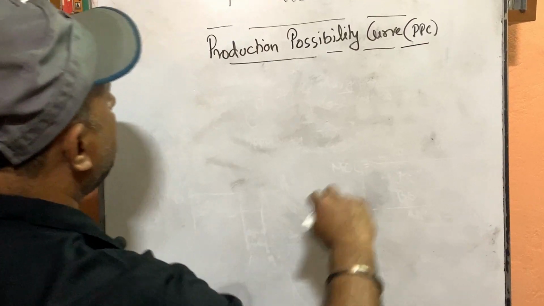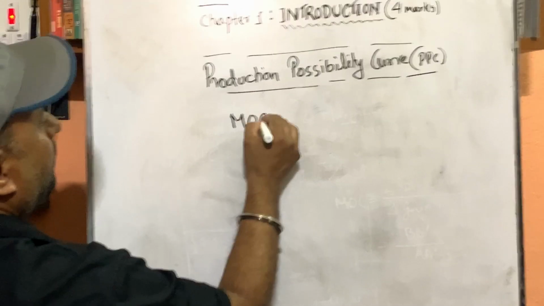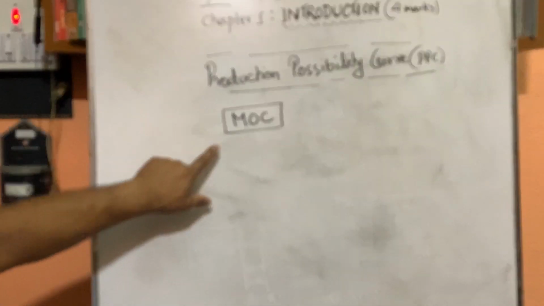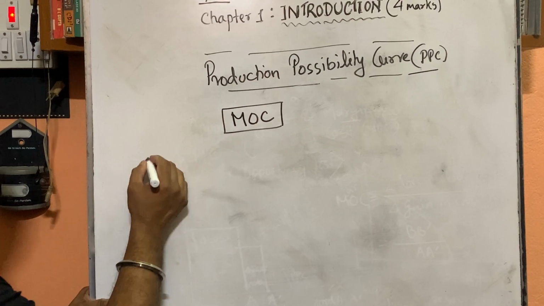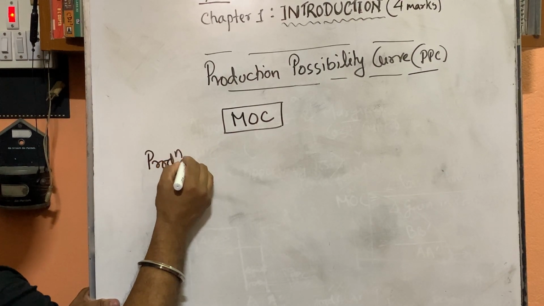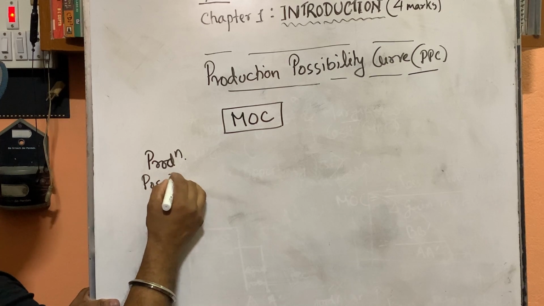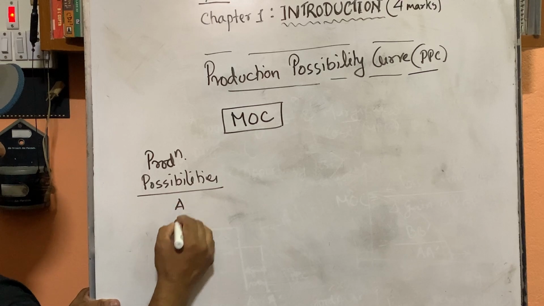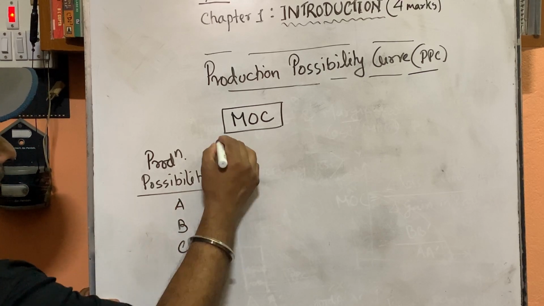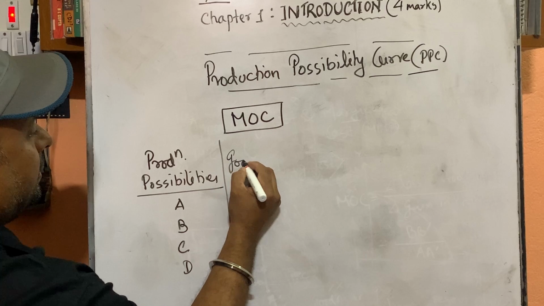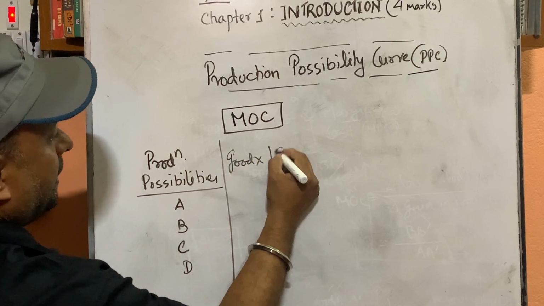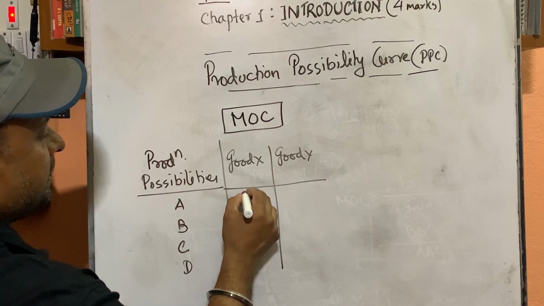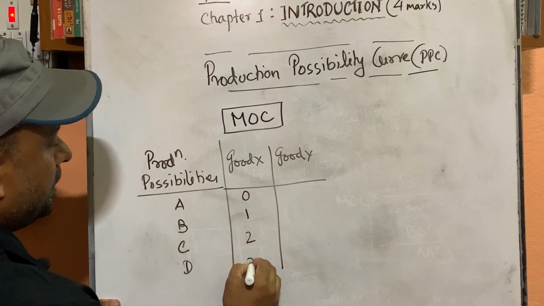Okay. Now how to calculate marginal opportunity cost? Important part, a numerical question is asked from that. Suppose production possibilities are there like that: A, B, C, D. Good X is suppose 0, 1, 2, 3.